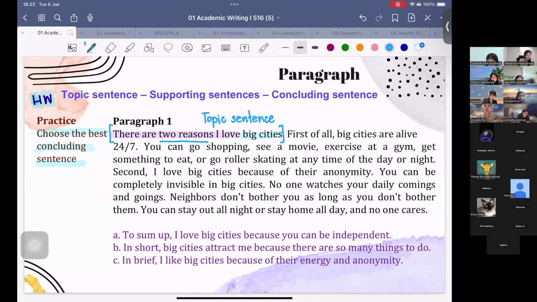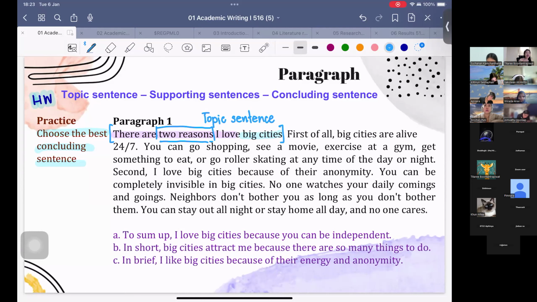When you mention the controlling idea, you can say how many main ideas you're going to talk about. So this one is two reasons. You can say two reasons, many reasons, three reasons. That is okay as well.